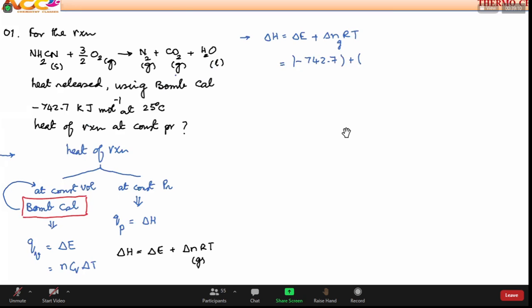Water should not be counted. CO2, yes sir. N2, yes sir. Check whether it is balanced or not. There are 2 nitrogens, 2 hydrogens, 2 plus 1, 3 oxygens, nice. Now, how do you proceed with the total number of moles?